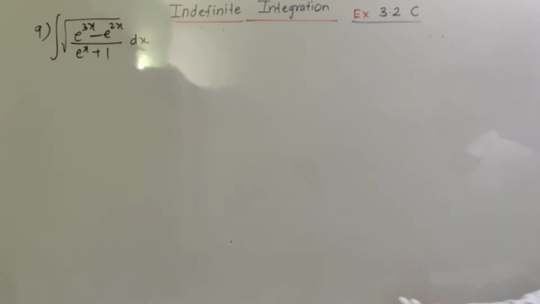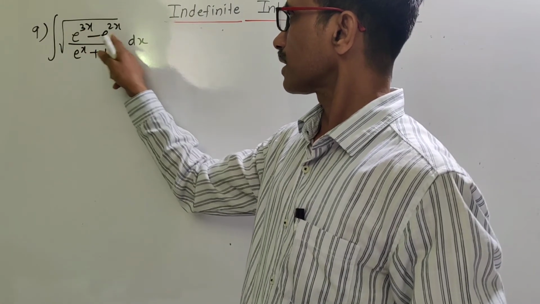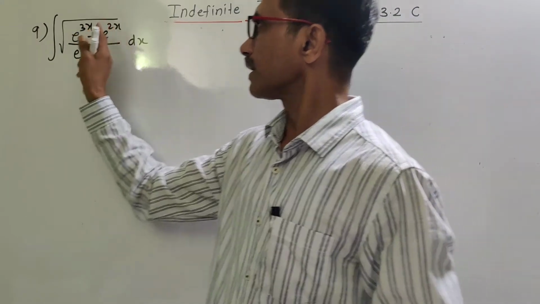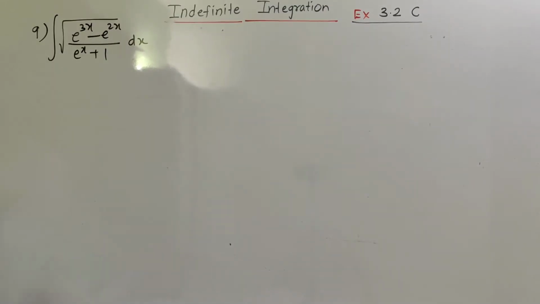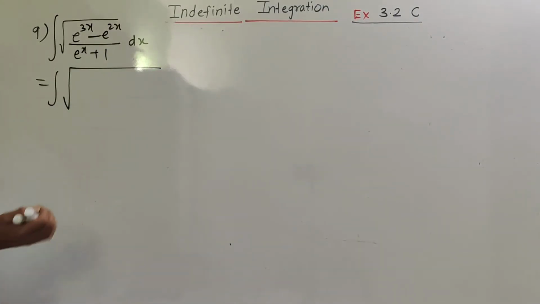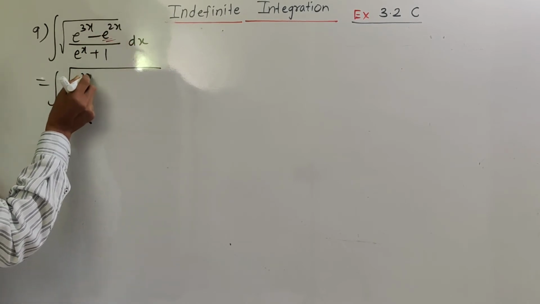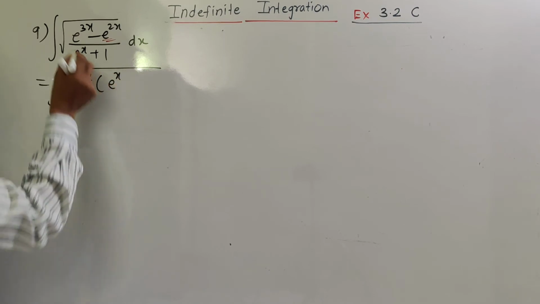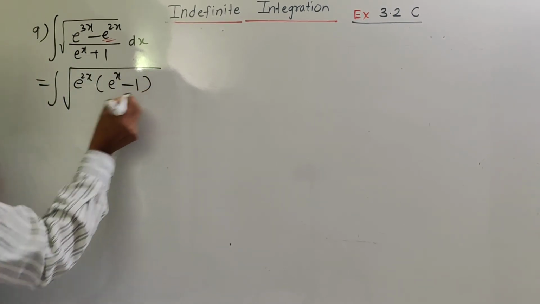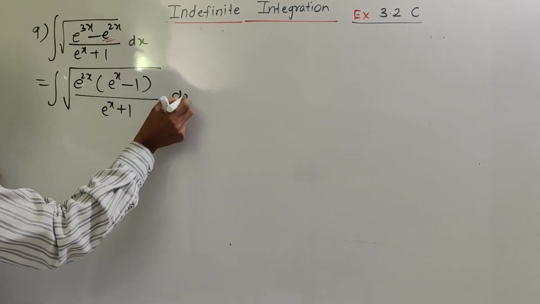Question number 9: the whole square root of e raised to power 3x minus e raised to power 2x. Take e raised to power 2x common from the numerator. So what you will get? Integral root of e raised to power 2x into (e raised to power x minus 1) upon (e raised to power x plus 1) dx.